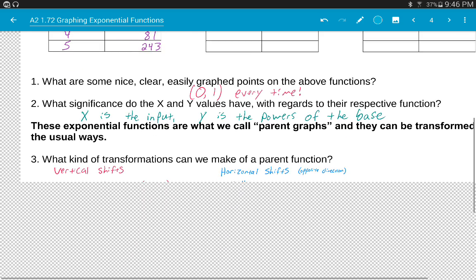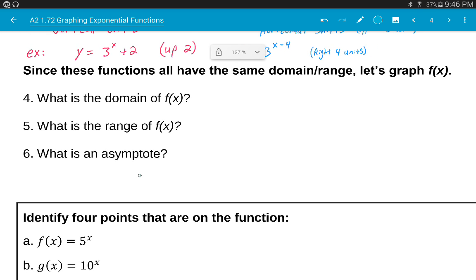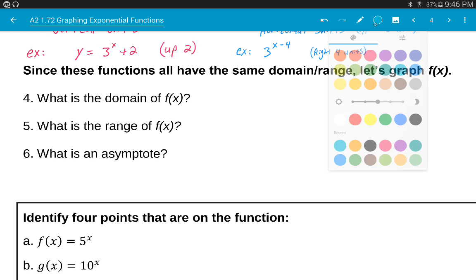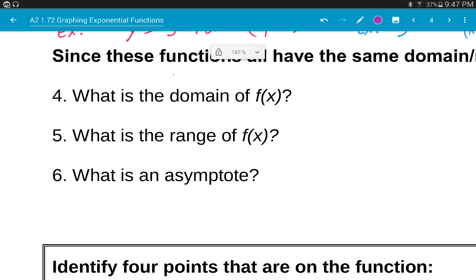And let me give you that definition. The domain of this function, the range of this function, and the asymptote definition. The domain is my left and right. The domain is my x values.